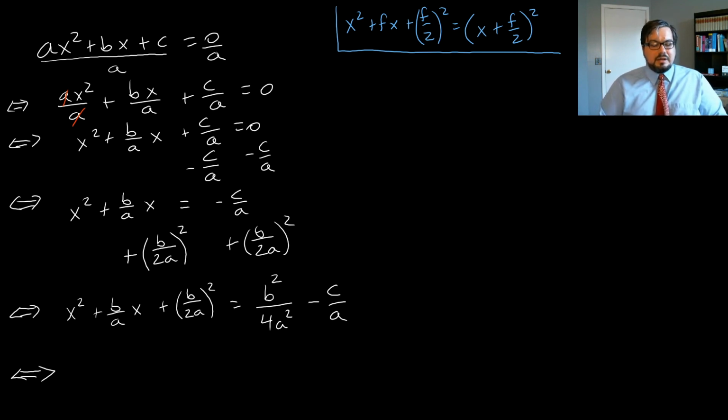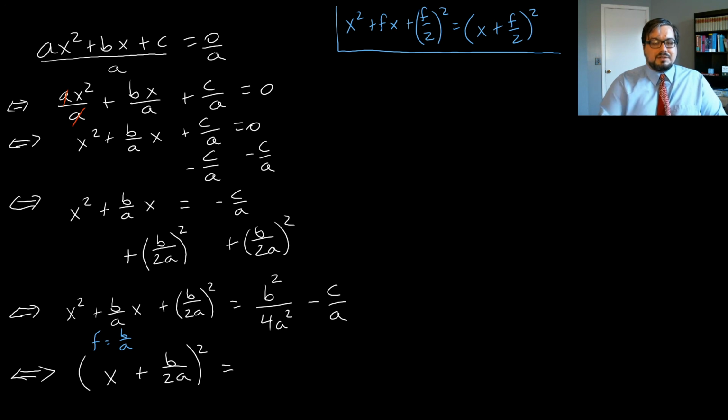Now we can do a couple of things. First of all, I'm going to use my completing the square fact. So I'm going to use the blue fact up at the top, where f is equal to b over a. Instead of f, I have b over a, and I'm going to write this as x plus b over 2a squared. So that's what the fact in the upper right gave us.